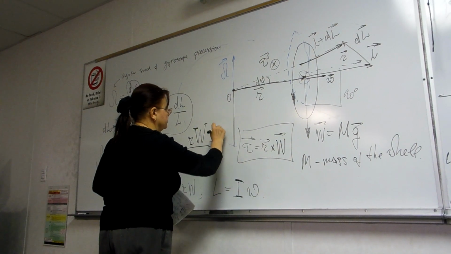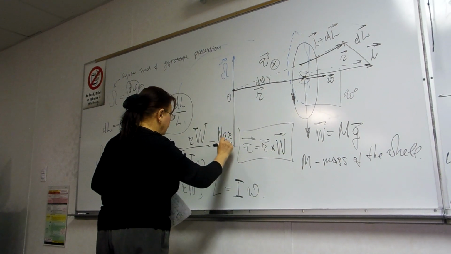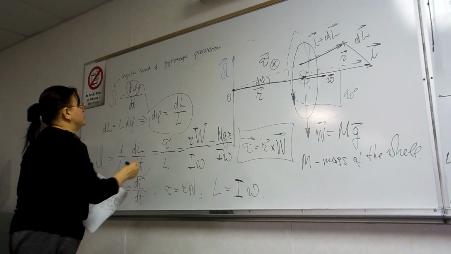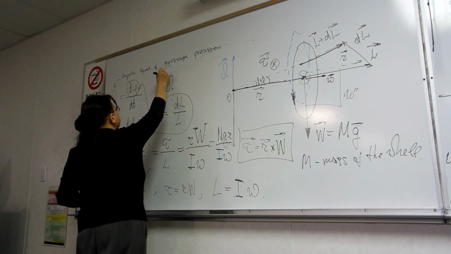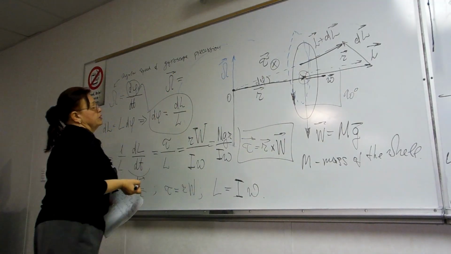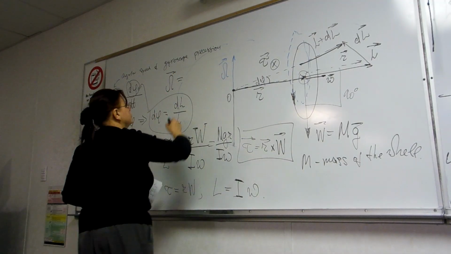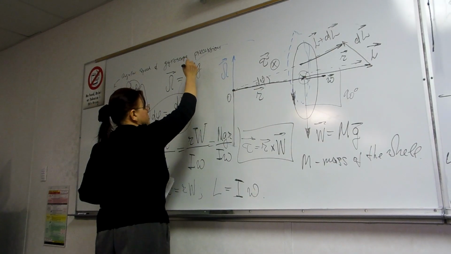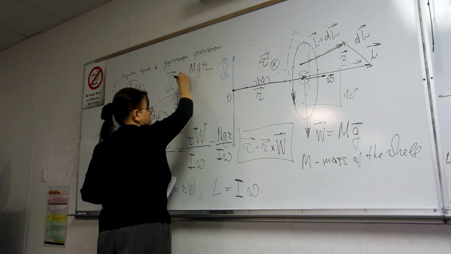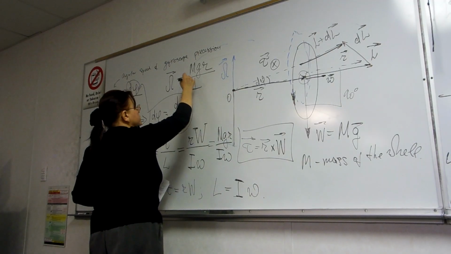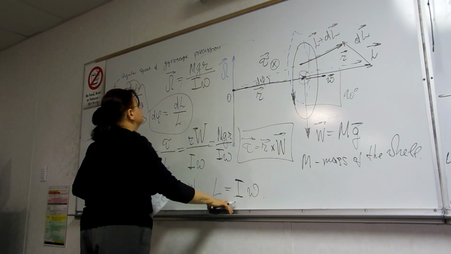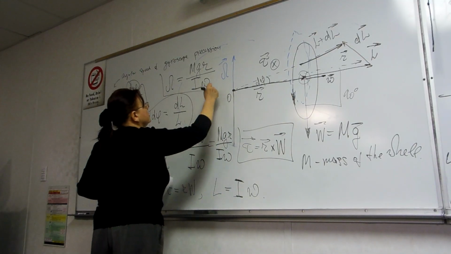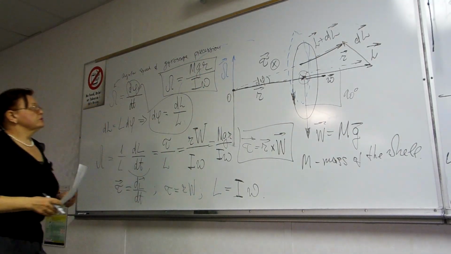So it would be mgr divided over I omega. Thus for angular speed of gyroscope precession, we'll have that it would be mgr divided over I omega. Let's write scalar quantity.